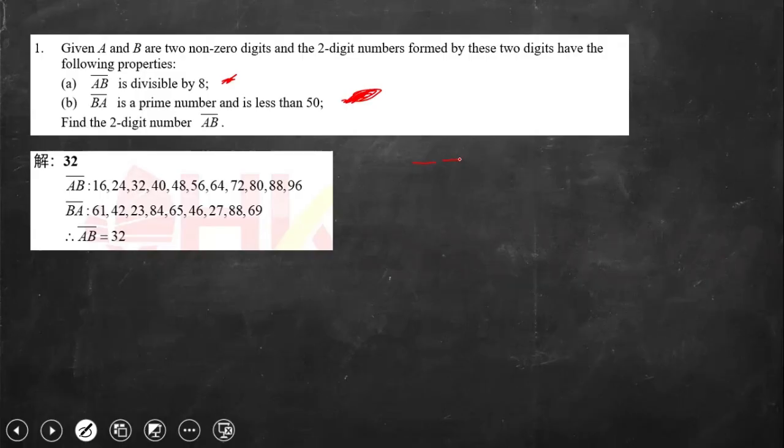But if we take into consideration the first condition, remember AB is divisible by 8, meaning that B here must be an even number, right? Because there are no odd numbers divisible by 8. So we know B is even.